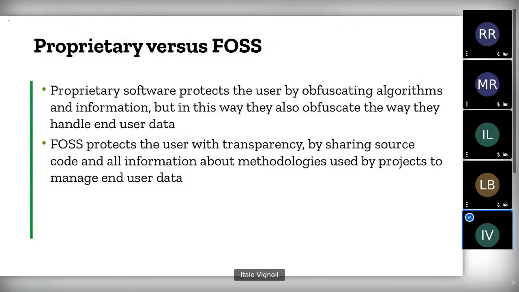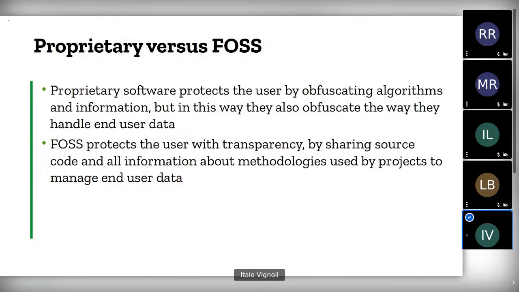On the contrary, free open source software protects the user with transparency. We declare how we share the source code. We declare how we share contents. We provide all the information about the methodologies used by projects to manage end user data. So it would be easy, because the tools are there, to enforce digital sovereignty in Europe.